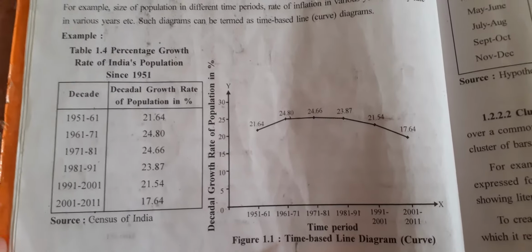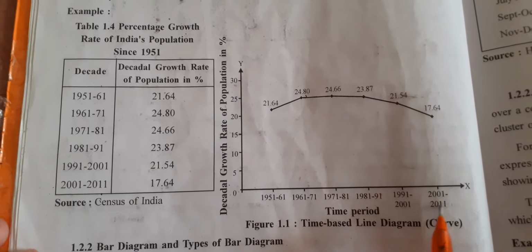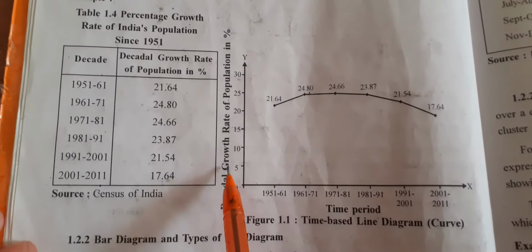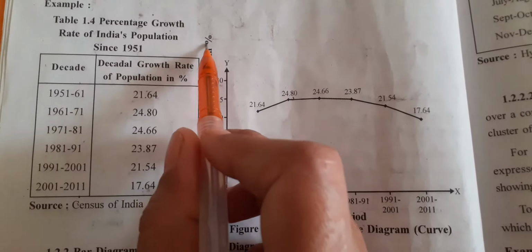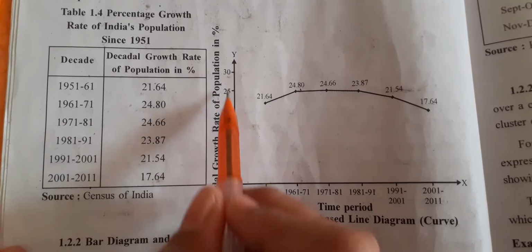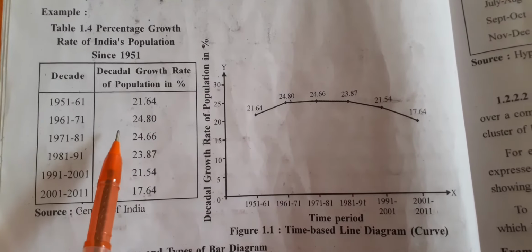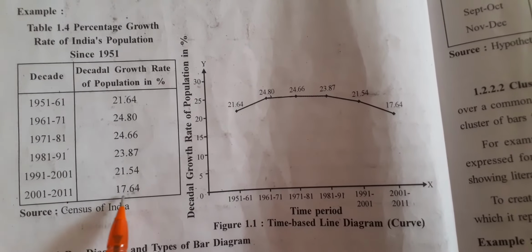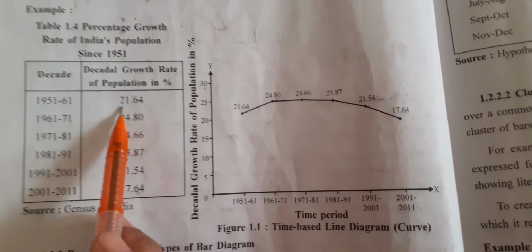y-axis. You can see here they have mentioned what is shown on the x-axis, like time period, and what is shown on the y-axis, the growth rate of population in percentage. After that you take the minimum and maximum number. See here the minimum is 17, so 17 should come, and the maximum is 21.